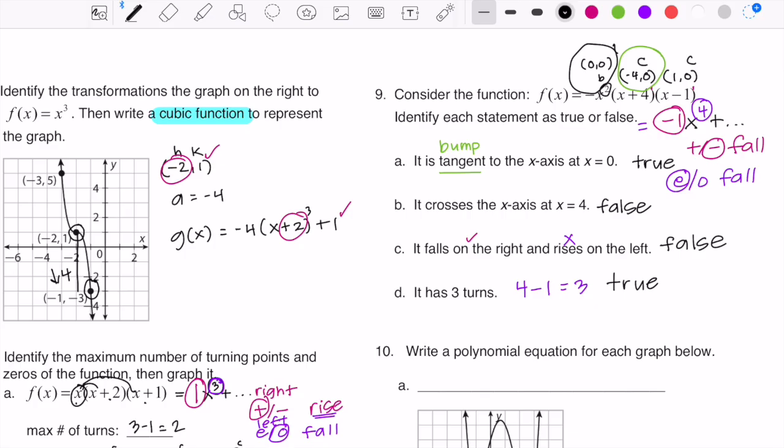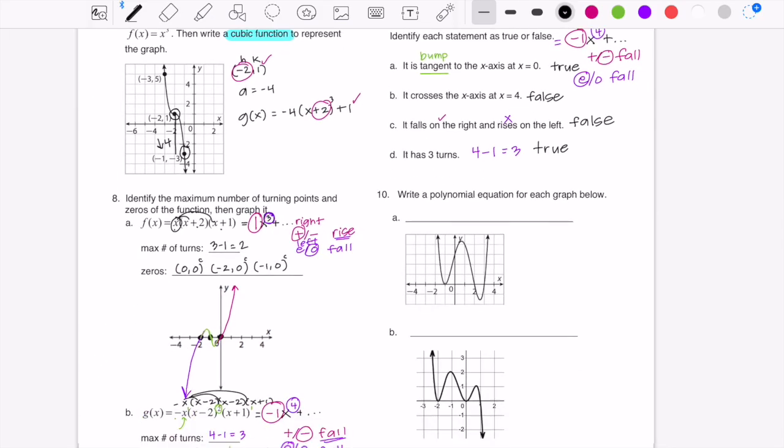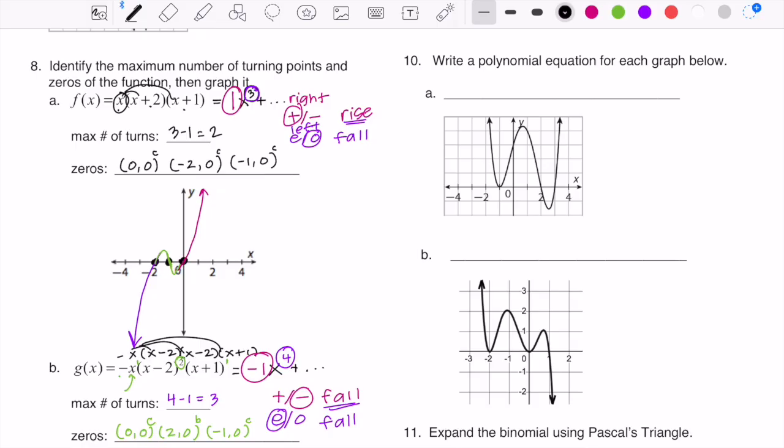Then we get into the part where we got to write these. So to write them, what you're going to want to do is identify your zeros, and as you're identifying them, make sure that you put whether or not they bump or cross, because that's going to make a difference. So this is 2, 0, and then that one is 3, 0, and then we are rising here.